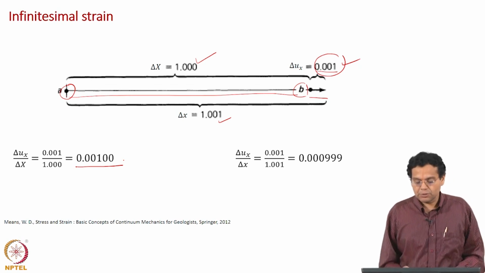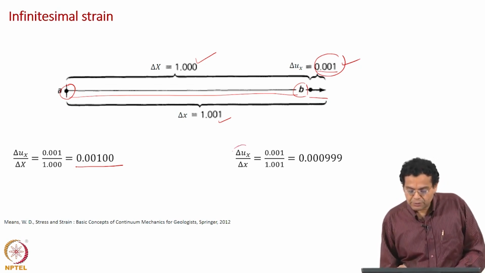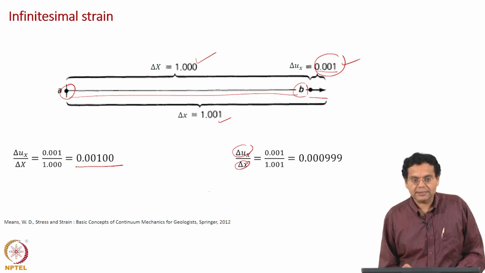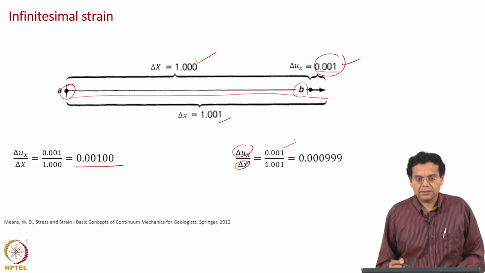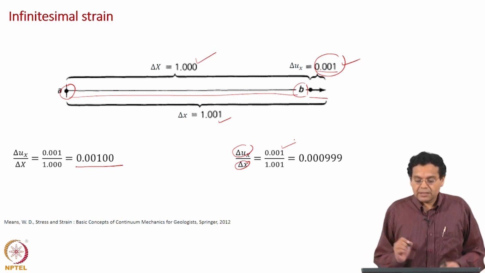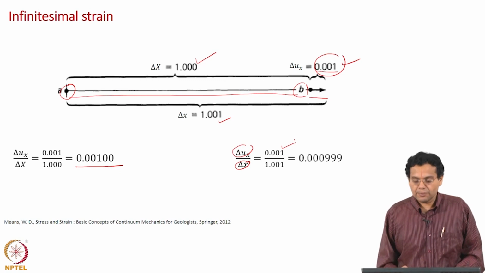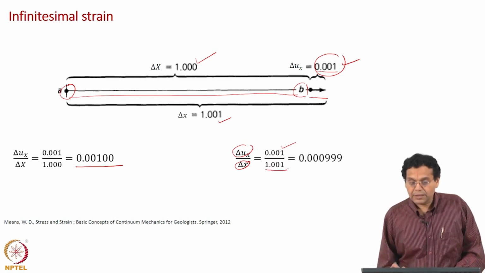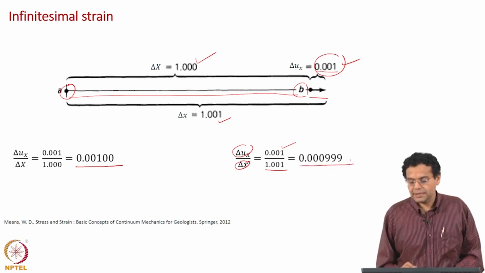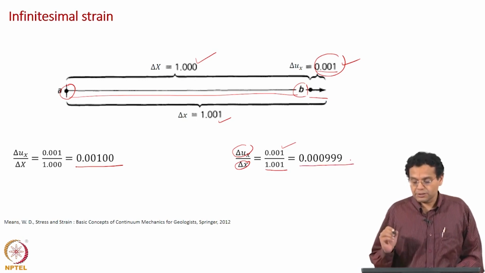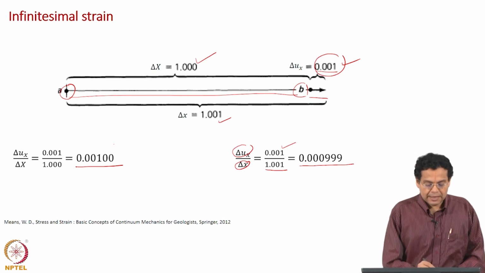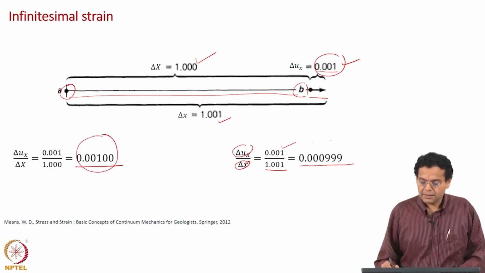Coming to option 2, we have delta ux divided by delta small x. The difference in displacement is 0.001, the same as the first case. Now we have to take the final distance between the two particles, which is 1.001. If you divide, the value of the displacement gradient is 0.000999, and this is roughly the same as the first one.